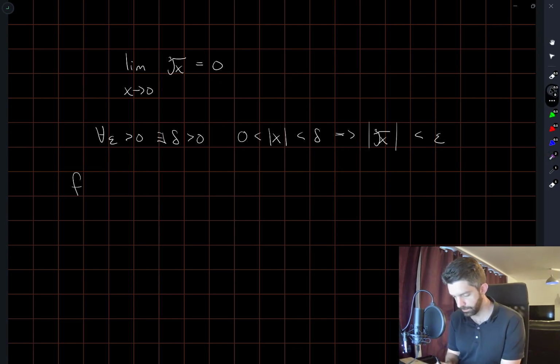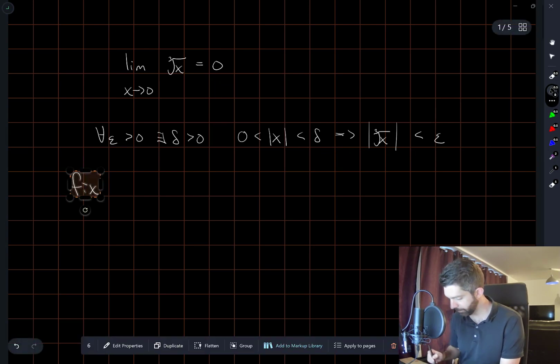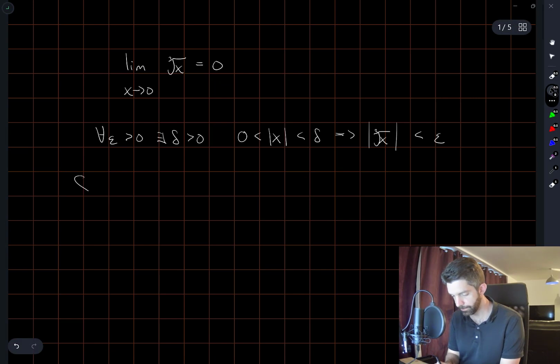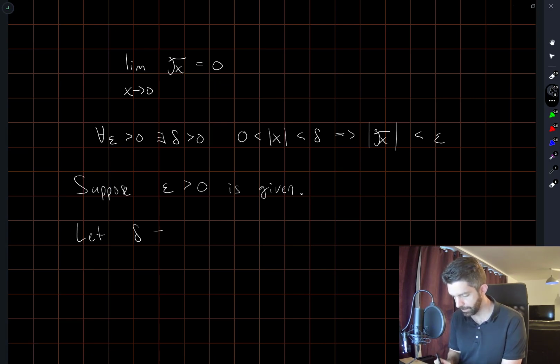So what I'm going to do is maybe not say fix, I'll say suppose epsilon greater than 0 is given. Okay, and now I will say let delta be equal to epsilon cubed.